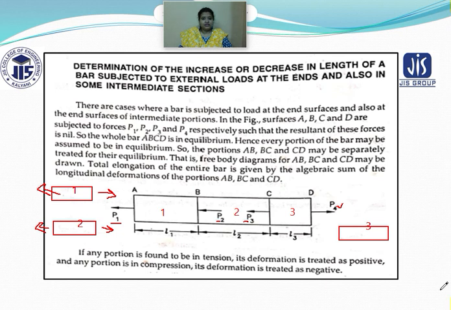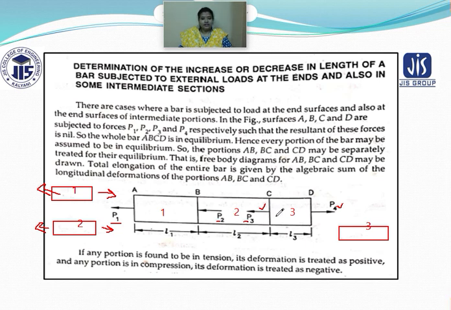And next, in the third case, that is the third bar, you can see the load is tensile, and for BC, when you consider bar 2, here also it is tensile. So both tensile loads are acting in this particular plane C. That means 2 tensile loads are acting, means 2 are positive.